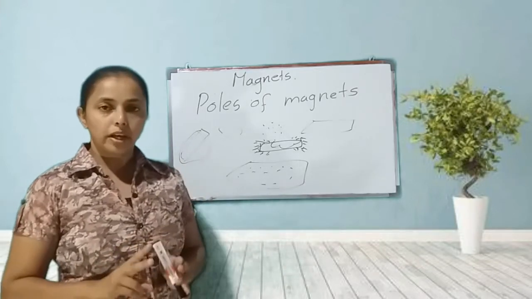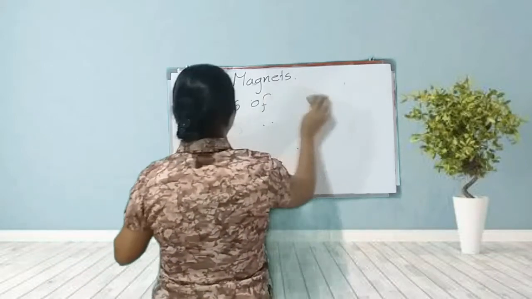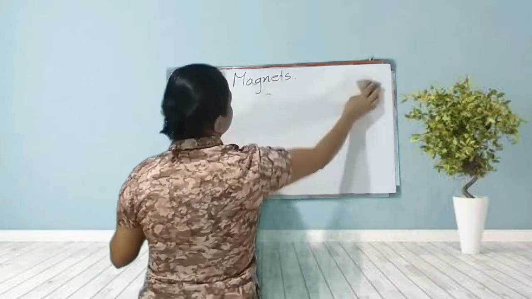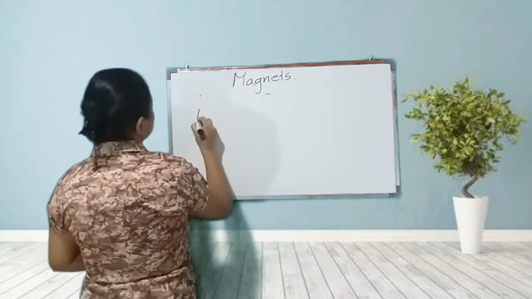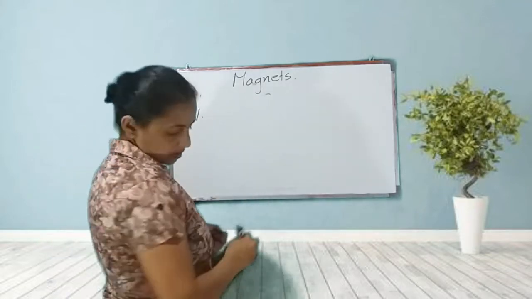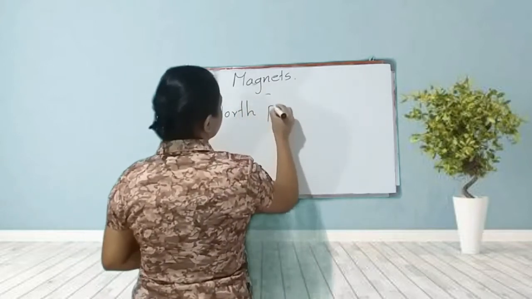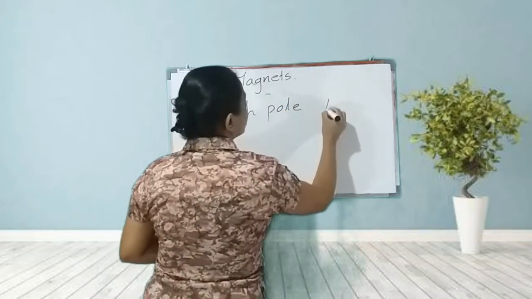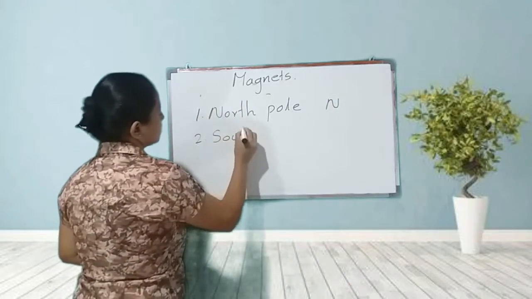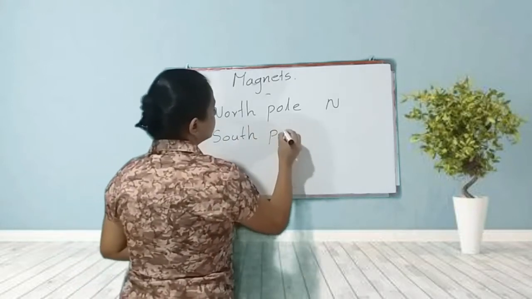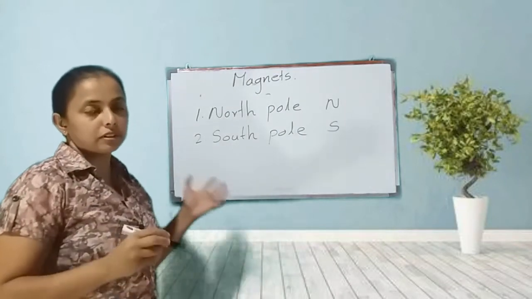There are two types of magnetic poles. The first one is the north pole, N, and the south pole, S. Those are the two types of poles in magnets.